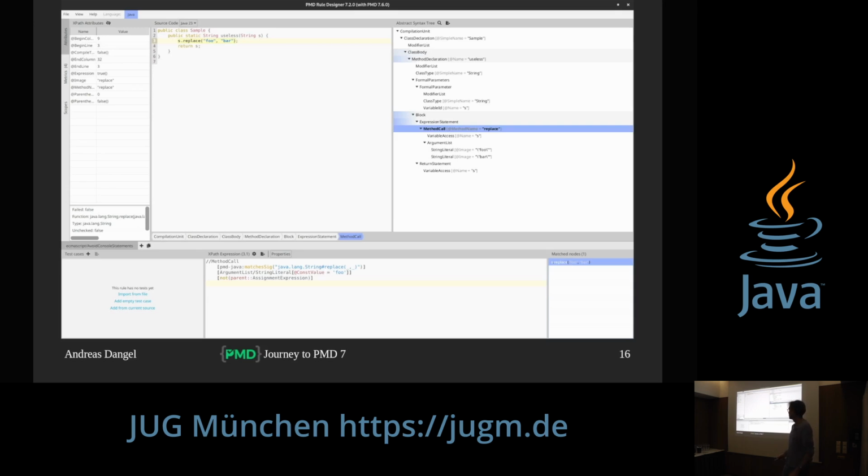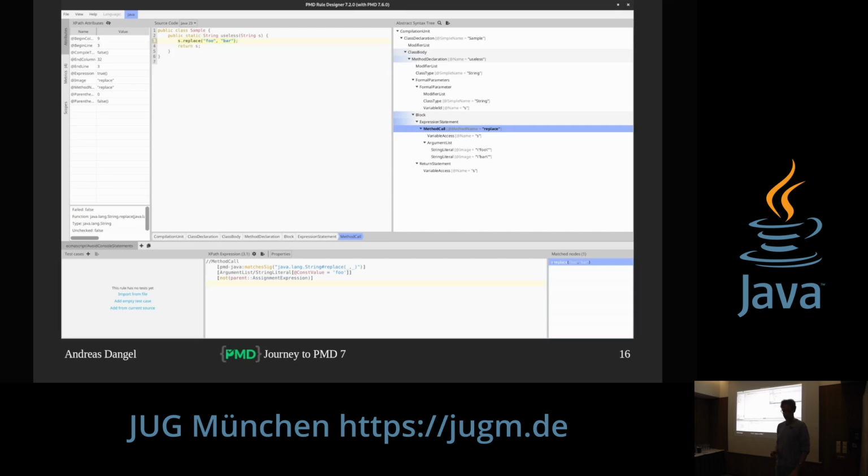And that's just an example how you can access attributes. And the other important thing here is that it's not an assignment expression. So that's basically the problem with the immutable objects.